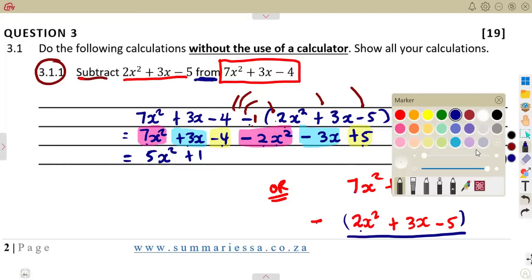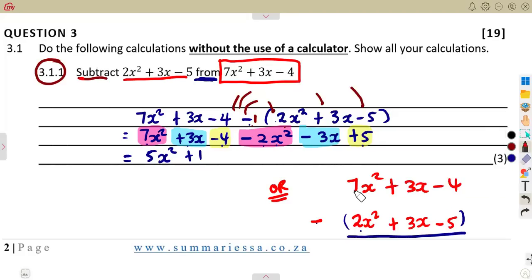So if you understand that way, you can even do it that way. 7 minus 2, that is 5. So we've got 5x squared. 3 minus 3, that's a 0. So that's a 0. There's nothing there. So you're just going to write, maybe it's plus, but there's nothing. You move on.